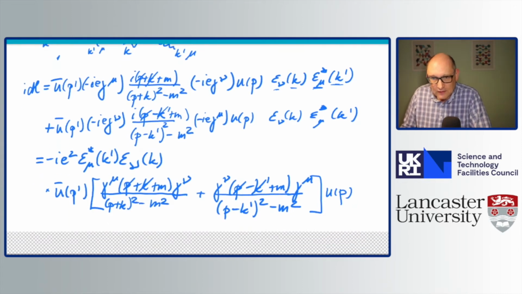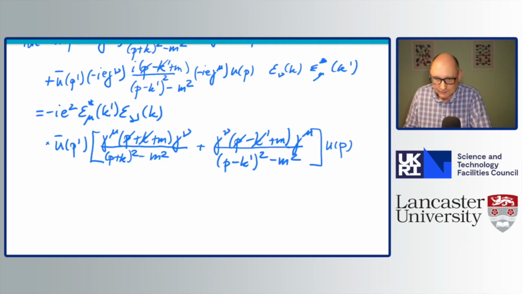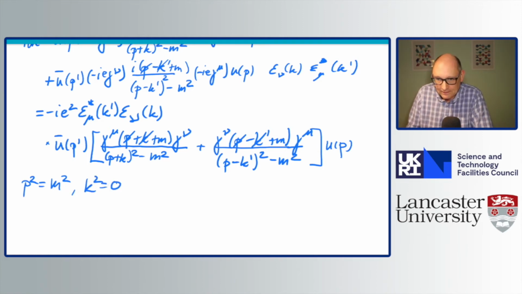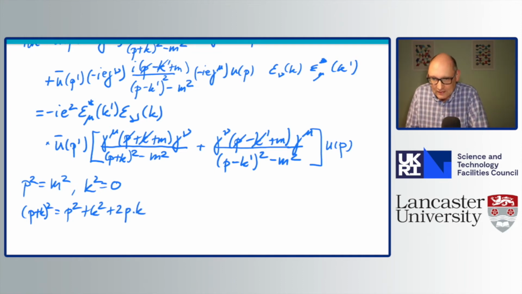Good. So there are a few simplifications we can make here, right? Because P squared is equal to M squared and K squared is equal to 0. So the denominators, (P plus K) squared is equal to P squared plus K squared plus 2 P dot K, and this conveniently has a minus M squared.